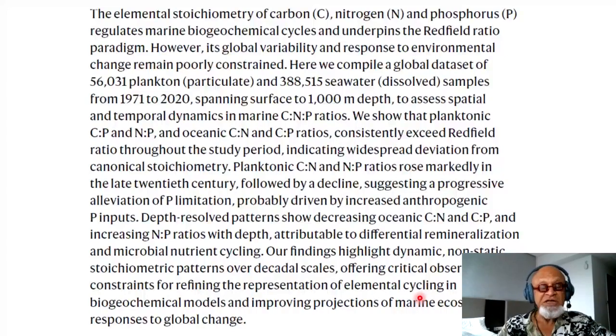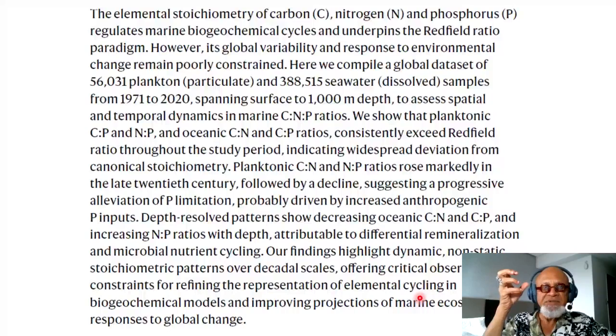Probably, which means it's a hypothesis. Depth resolved patterns show decreasing oceanic C to N and C to P and increasing N to P ratios. Okay, it's a complicated story. And these are attributable to differential remineralization and microbial nutrient cycling.